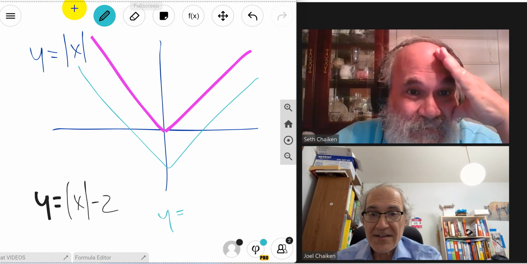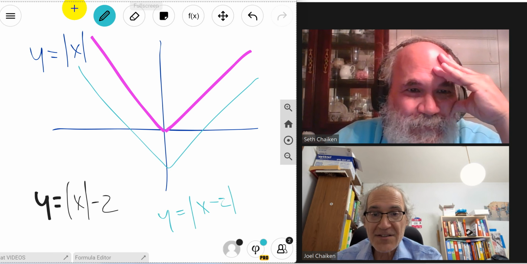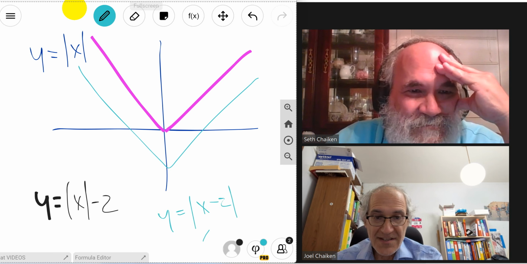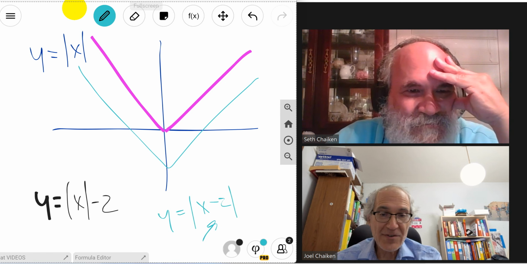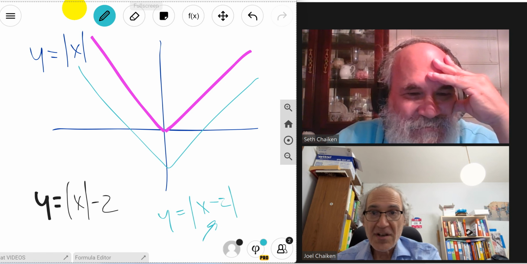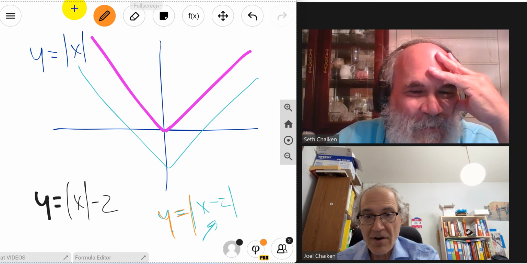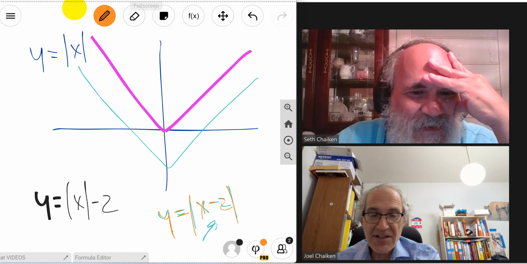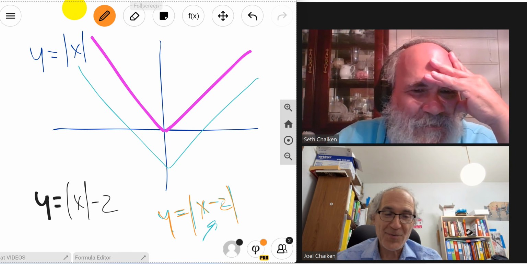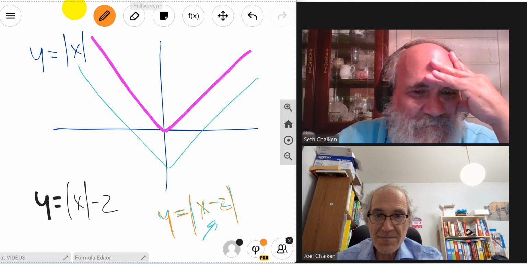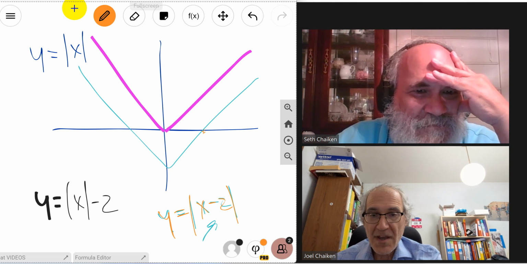If you have y is equal to the absolute value of x minus 2, that's a transformation where you take this parent function. I will write it this way in orange. This one goes 2 units the opposite way you think it should go. If it's a minus 2, then it actually goes plus 2.